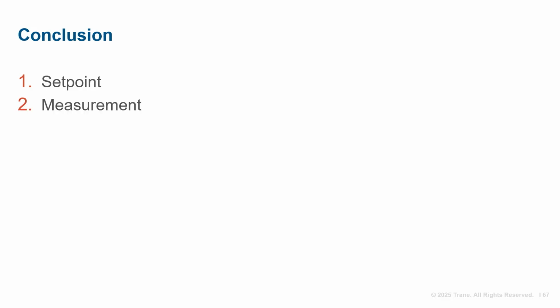Each controlled variable must have four things: set point, measurement, action, and controller. This is especially important when using a heat pump to provide chilled water and hot water simultaneously. Both controlled temperatures need those four things.